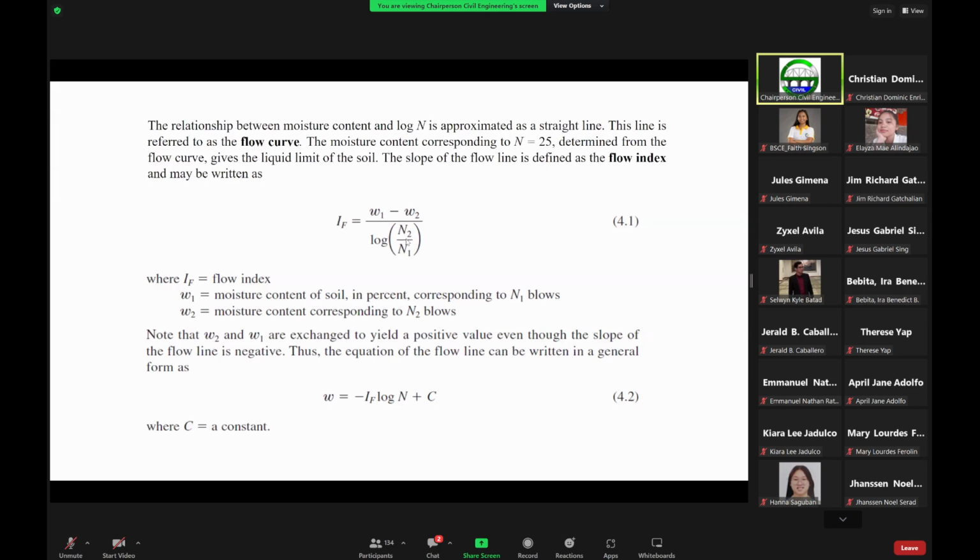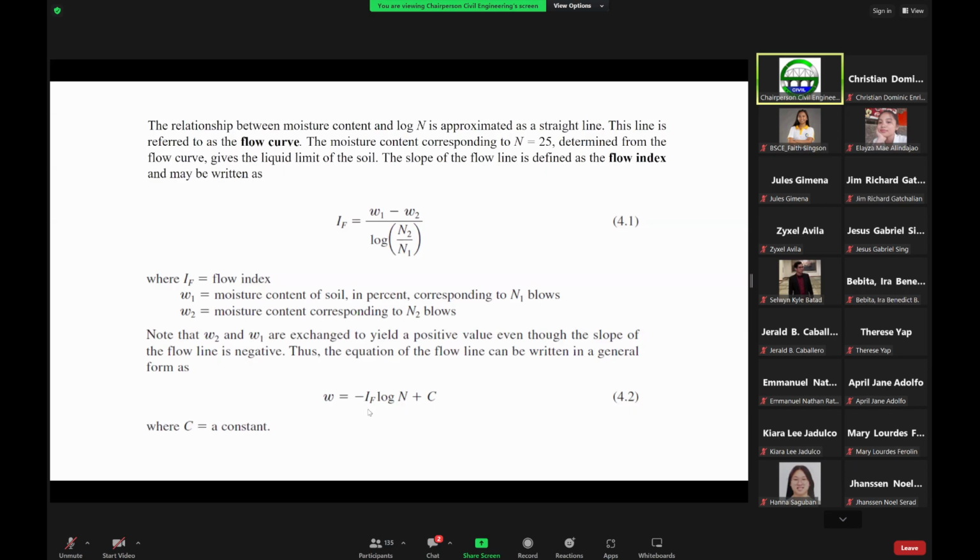That's the difference in the moisture content, W sub 1 minus W sub 2, over the log of N sub 2 over N sub 1, where the N sub 1 number of blows corresponds to the moisture content W sub 1, and the N sub 2 number of blows corresponds to the moisture content at W sub 2.